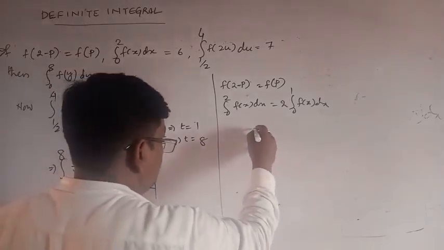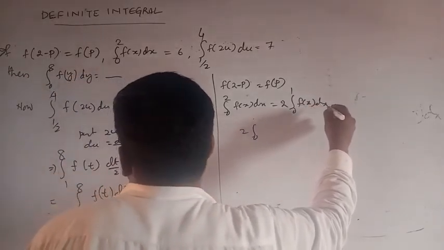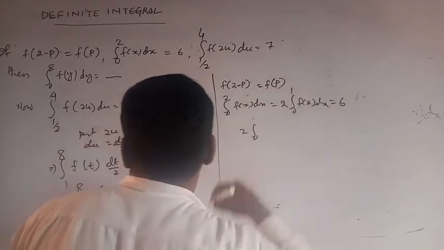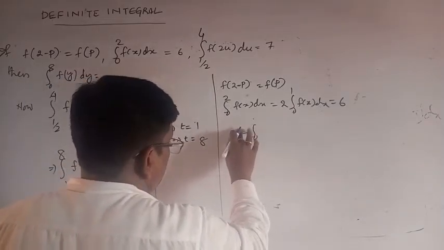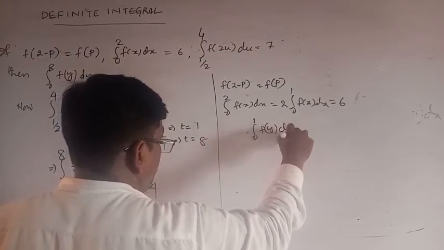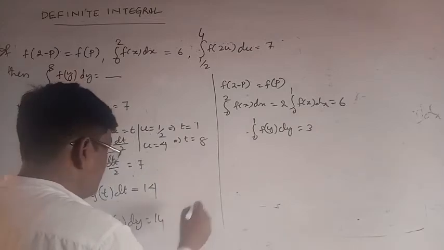This is equal to 6, so 2 times the integral from 0 to 1 of f of y dy is 6, so the integral from 0 to 1 of f of y dy is 3. So this is equation 1.